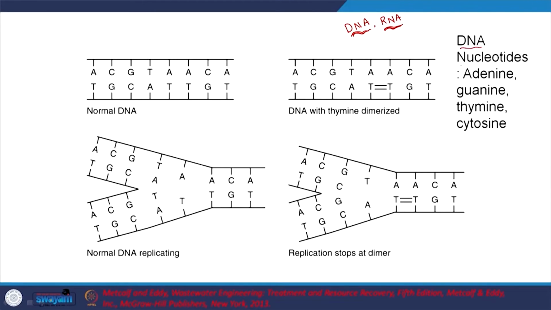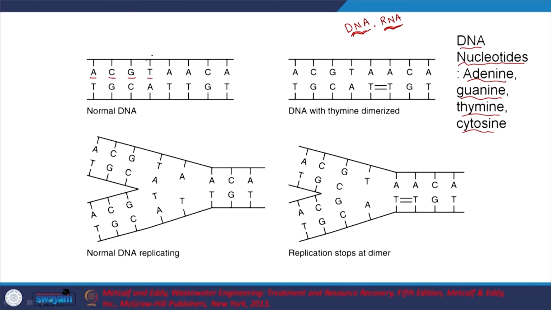In DNA, as we mentioned earlier, we have different nucleic acids. There are 4 nucleotides of concern: adenine, guanine, thymine, and cytosine. Hopefully my pronunciation is not too far off. So A, G, T and C.